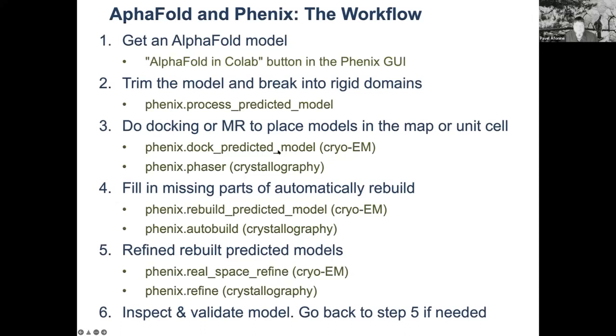You do docking with the Phenix tool, dock predicted model, or you use standard Phaser to do MR with these domains. Once you've placed the model where it belongs with respect to the data, you fill in all the missing parts by doing automatic rebuilding.